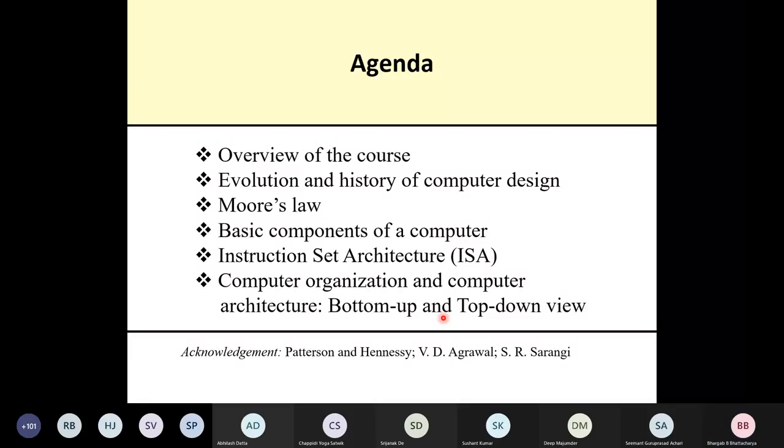In a broad sense, maybe you are correct, because a computer is not complete unless you have the hardware components and the software components, application software, operating systems, and so on. So let us forget about the software component. Let us focus on the hardware itself, the machine itself. So in that perspective, when I say computer organization and computer architecture, what could they be?